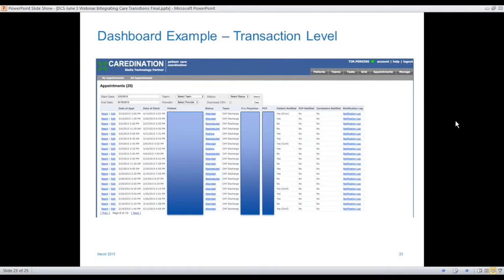Are these patients getting there? Do we know they're going to get there? If not, what can we do about it? Should I have someone phone them? Should I notify the PCP? Should I notify other caretakers? So you can imagine, this lets me look at the high-level trends, and this lets my care team, my case managers, care coordinators, whatever title you're giving these people, day in and day out track what's going on with the patient. And Orlando Health said you need both of those in your dashboard.